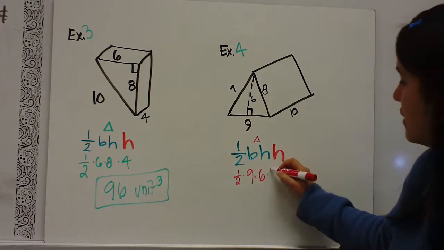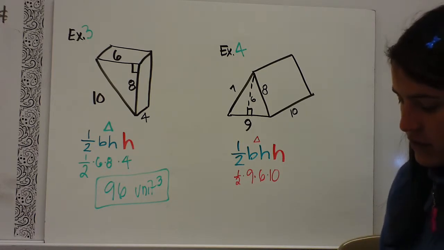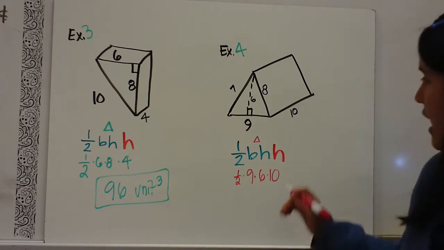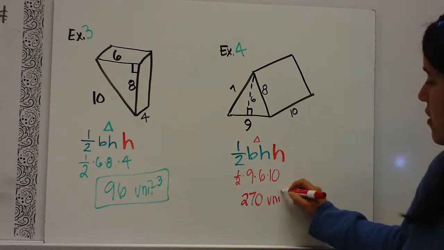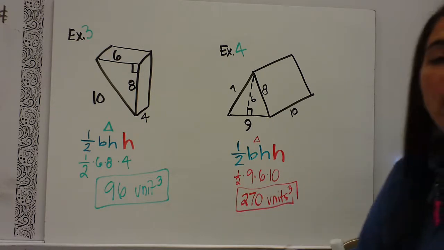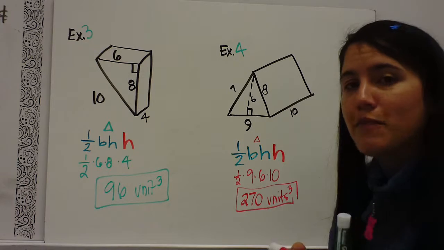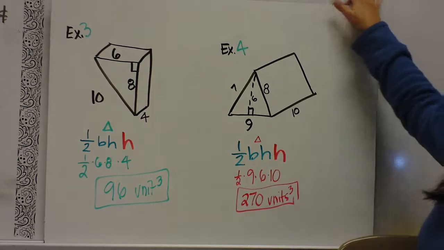And it would be 10 tall. I type that into my calculator. And it is 270 units cubed. So if you don't have centimeters or inches or miles or anything, then just put units.